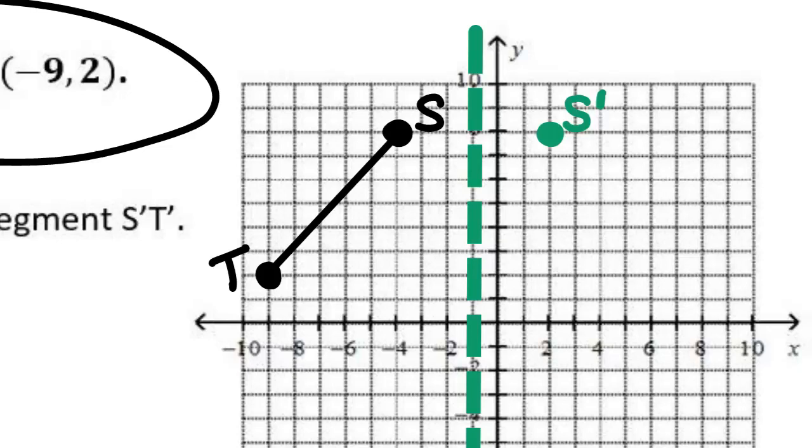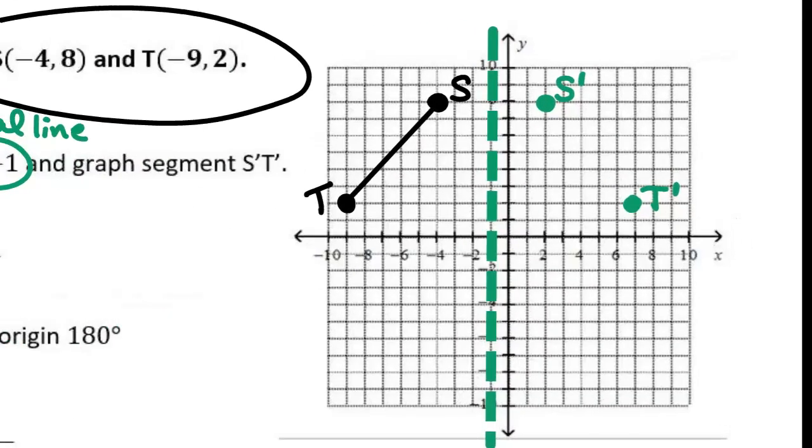How many hops to get to that dashed line? 8. 1, 2, 3, 4, 5, 6, 7, 8. So on the other side, 1, 2, 3, 4, 5, 6, 7, 8. Right here. There's my T prime. Grab my straight edge and connect those together.